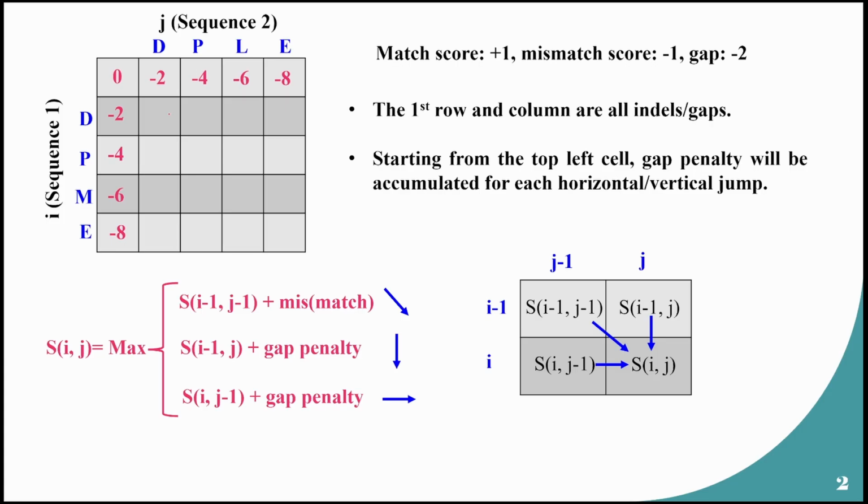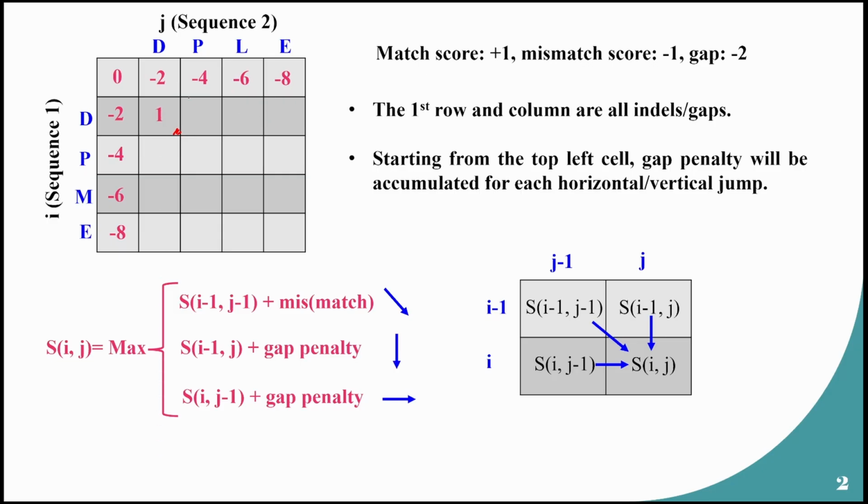Then for calculating the score for each of the other cells, you have to consider three different routes. One is the diagonal route, which indicates a match or a mismatch, and the horizontal and vertical ones indicate a gap penalty, right? The best of the scores from the three routes in a particular cell is taken as the score for that cell.